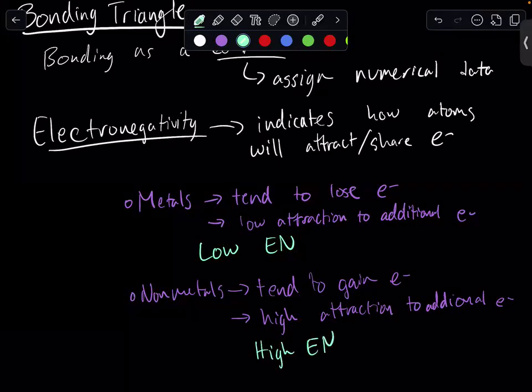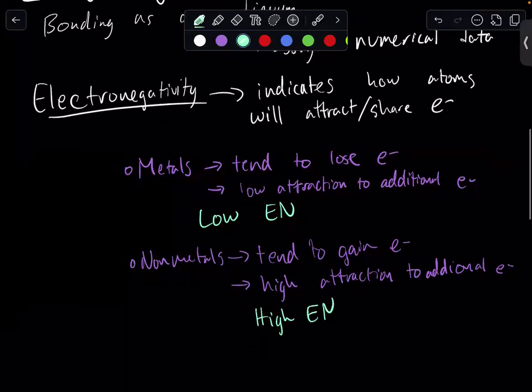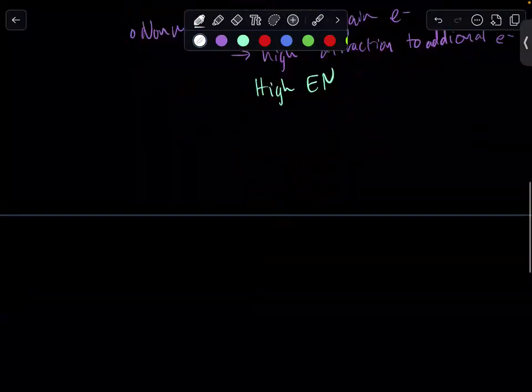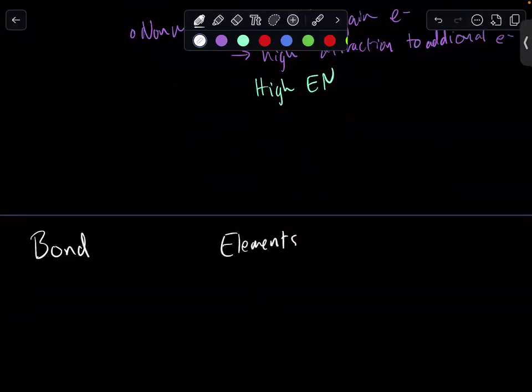And now we can describe all three bonds and relate electronegativity to those bond types. So we can do this in a chart because charts always help you visualize things a little bit better. At least they do for me. So if we look at our bond type and we compare it to the elements in the bond, we'll know a little something about the electronegativity.